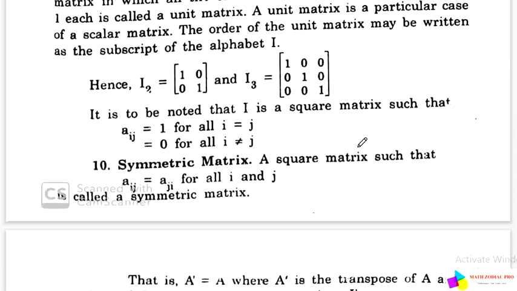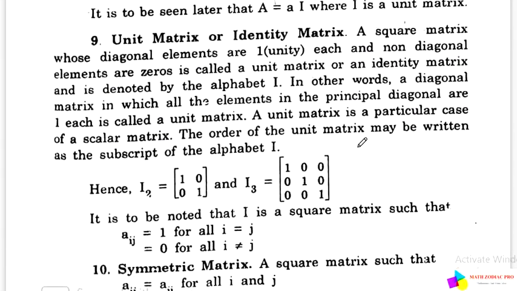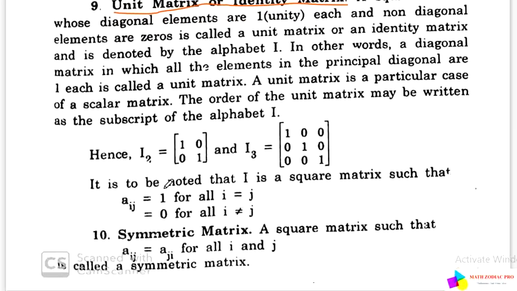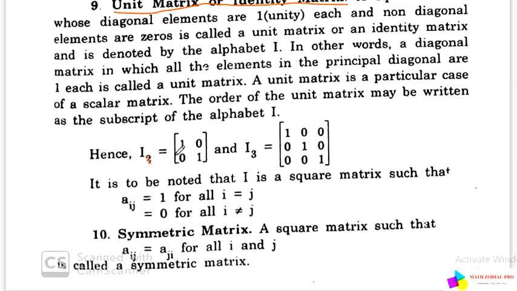Next one, unit matrix, or identity matrix. Here I2 is equal to 1 0 0 1. This is I2, the identity matrix of 2 by 2 order, where the diagonal elements are 1 1.